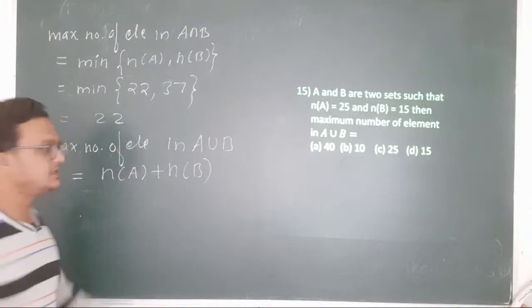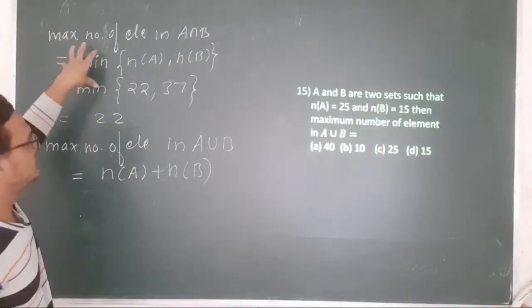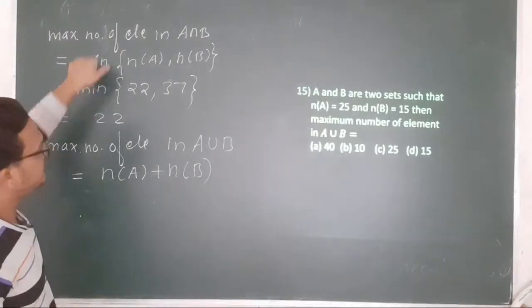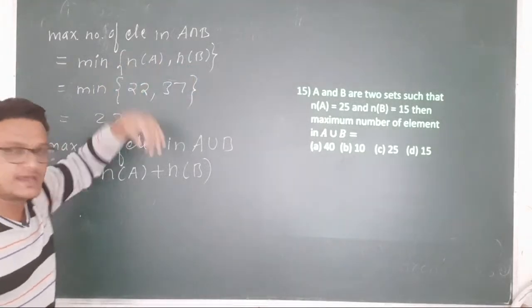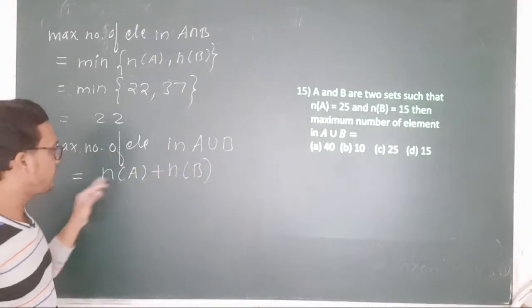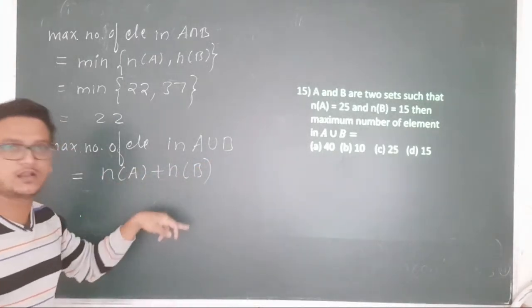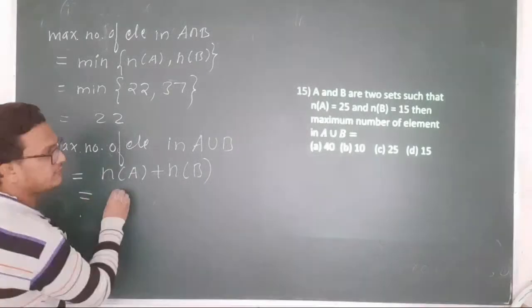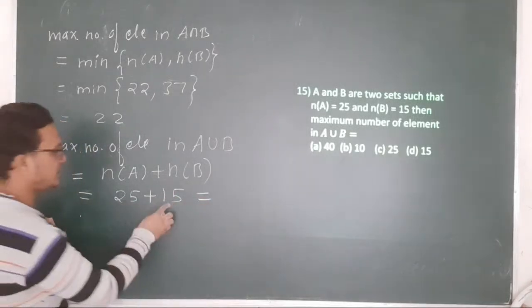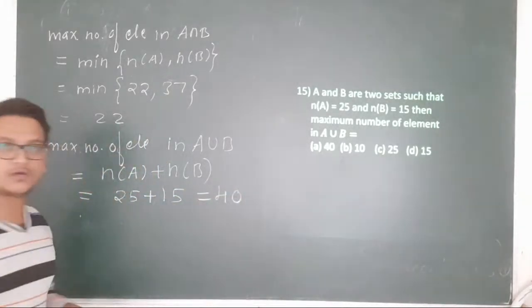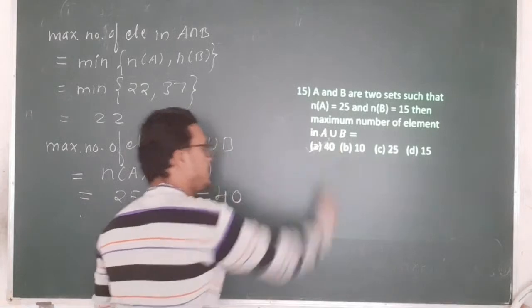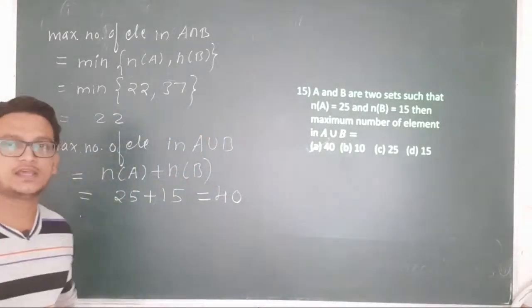See the difference: while finding the maximum number of elements in A intersection B, the formula is the minimum of n(A) and n(B), whereas when finding the maximum number of elements in A union B, the formula becomes n(A) plus n(B). So n(A) is 25 plus 15. The answer is 40. Option A is correct.